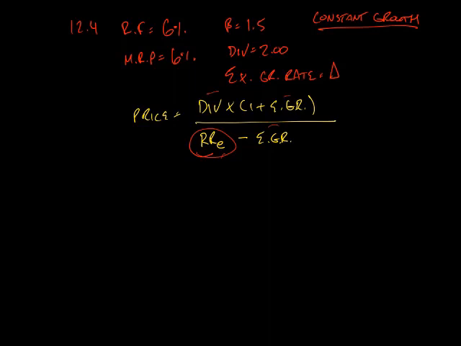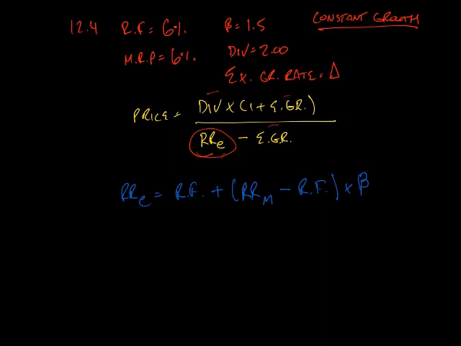And just as a refresher, you're going to be able to calculate the required rate of return on the stock by taking the risk-free rate plus the required rate of return on the market, I'll put an M on there, minus the risk-free rate, which we know, times the beta. So let me help you set this up a little bit.